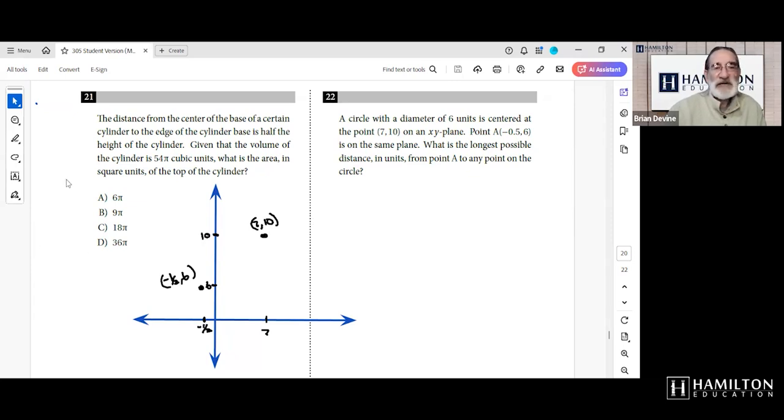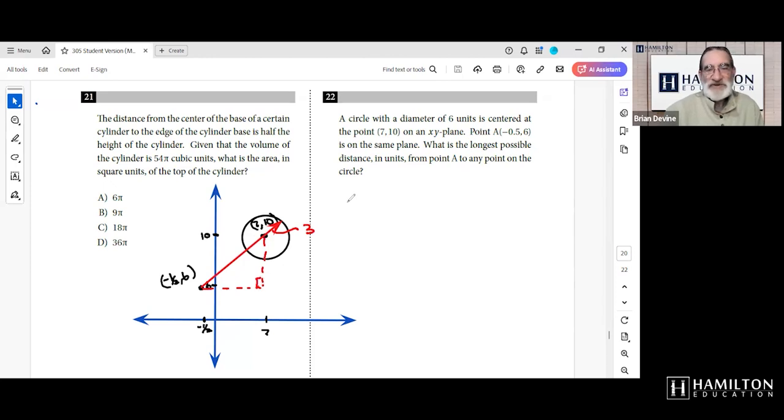Let me draw a circle around that. Let me center that circle. So in effect, what I want is I want to know what would be the distance from this point through the center of the circle to the far side of the circle. What would be that distance? Well, I know that the radius is 3. That was given. So I know this part's 3, and I know I can find this using the distance formula.